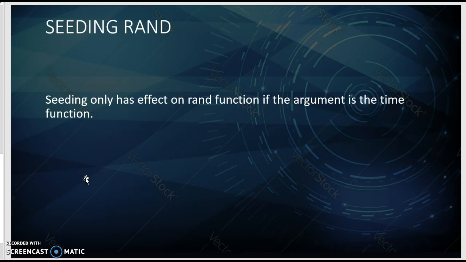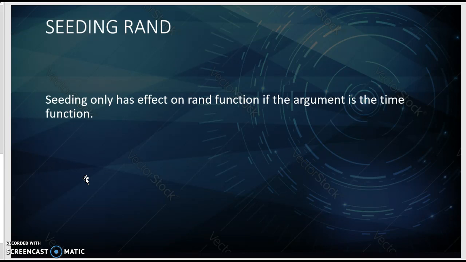Seeding has an effect on the rand function if the argument is a time function. When you use a singular value, like a single integer, to seed the x rand function, it really has no influence on the rand function because it keeps producing the same sequence whenever that very number is passed as the argument.